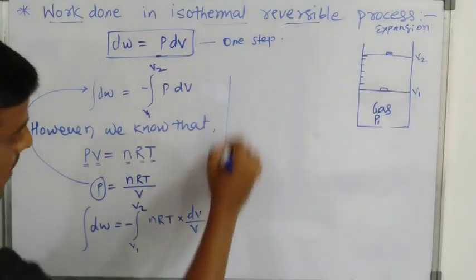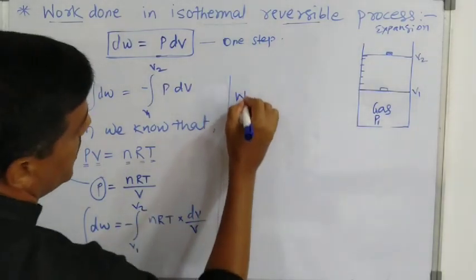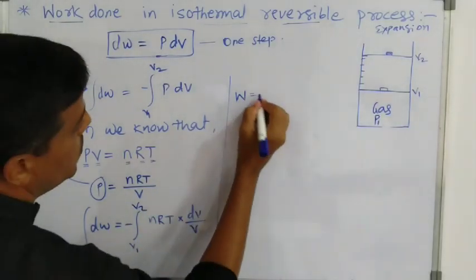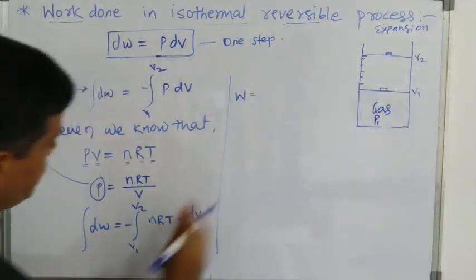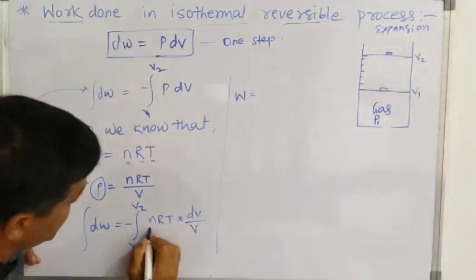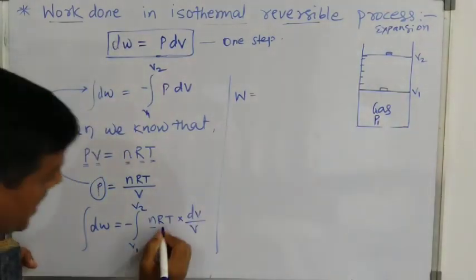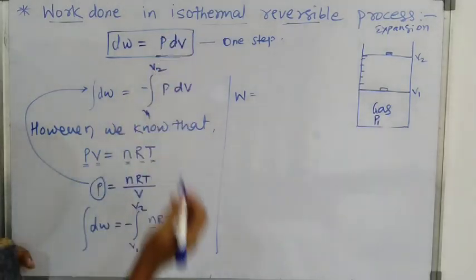Then after simplifying this equation, we get W, the work done in n number of steps, from V1 to V2. Here n is a constant value, R is a constant value, and temperature is also constant since the process is isothermal.